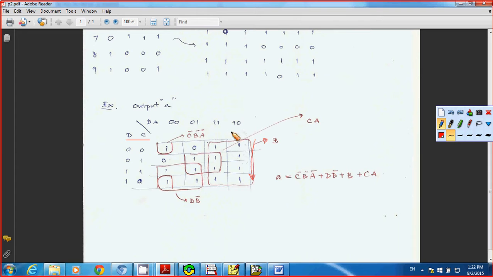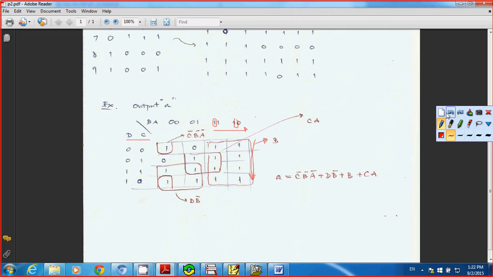From the left to the right, it has only one column. I'm sorry, from the left to the right, only B doesn't change because it still has the logic 1, but A changes the logic from 1 to 0. So that's why you pick up B only as your input for the first term.